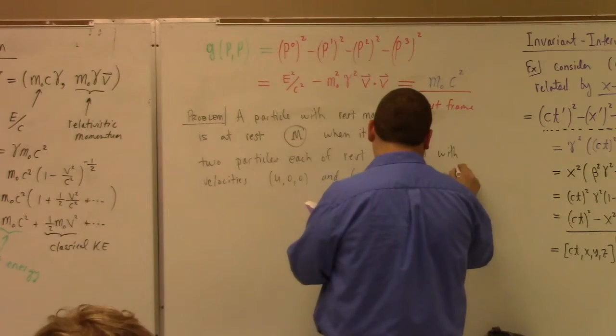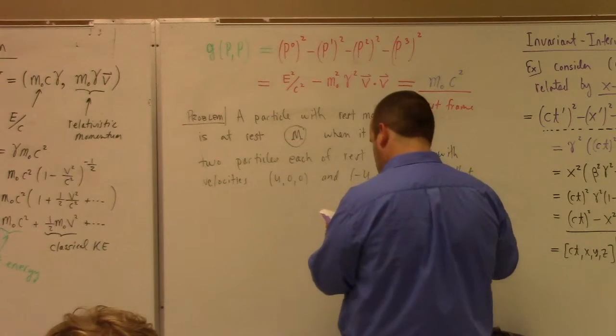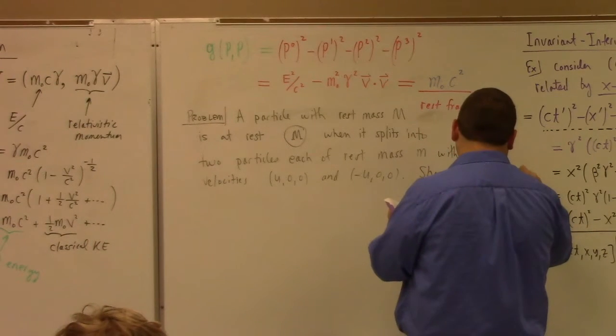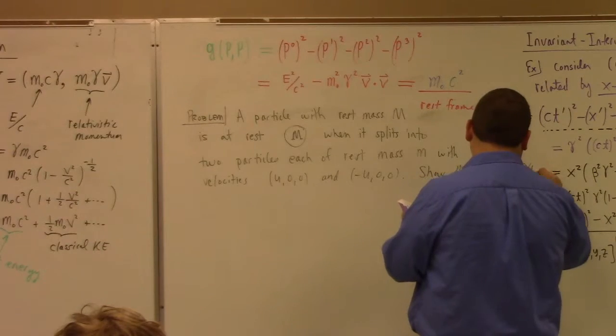Show that big M is equal to 2 little m times gamma of u.